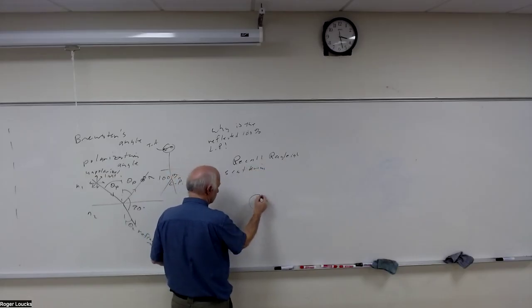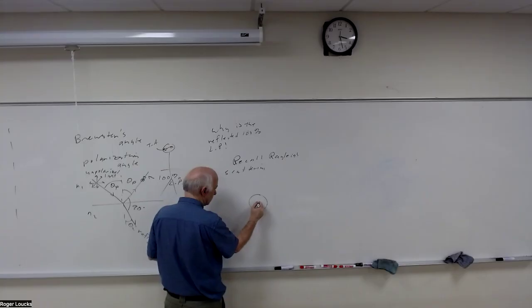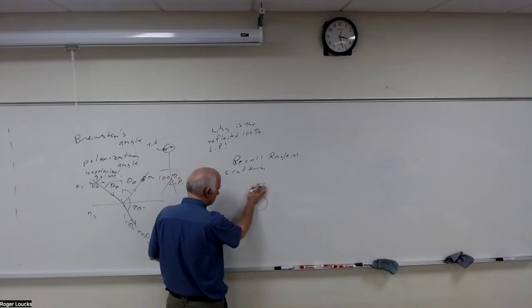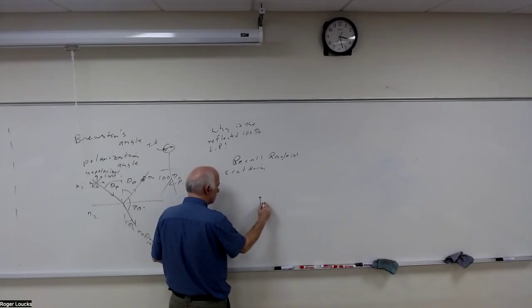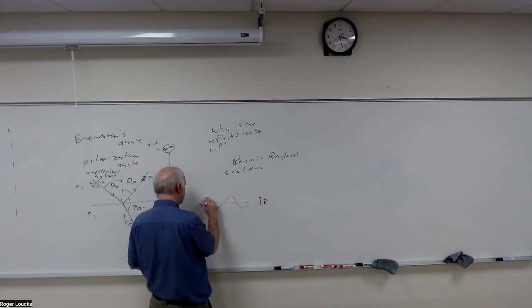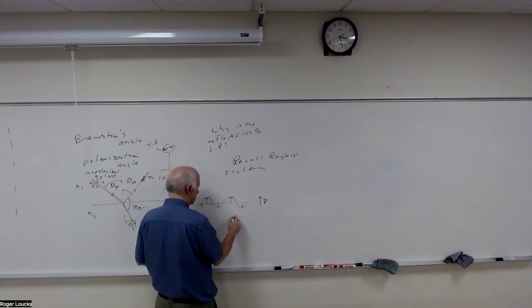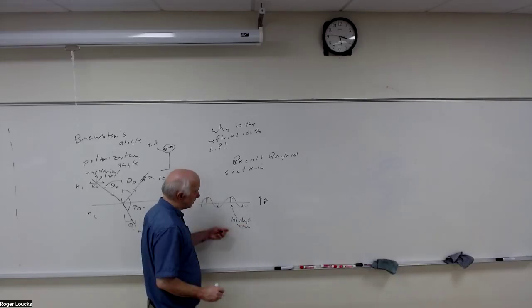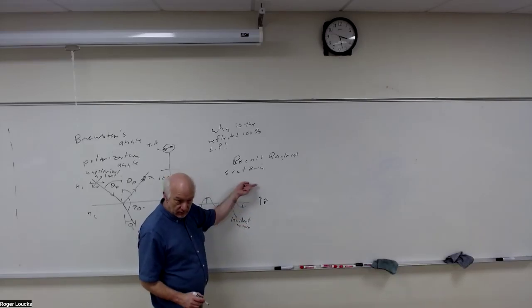Here's our little atom, here's our electron, here's my dipole p, and here's my incident wave. It makes this dipole oscillate like this.